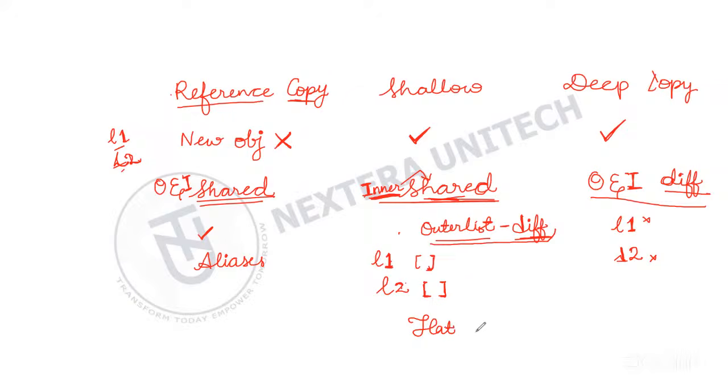Flat list means the outer lists will consist of different locations, right? So that is why you can use shallow copy in this case. When you want to work with nested lists, then you can use deep copy. So these are the cases where you can use them.